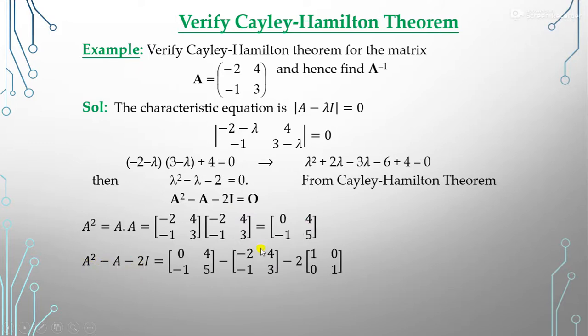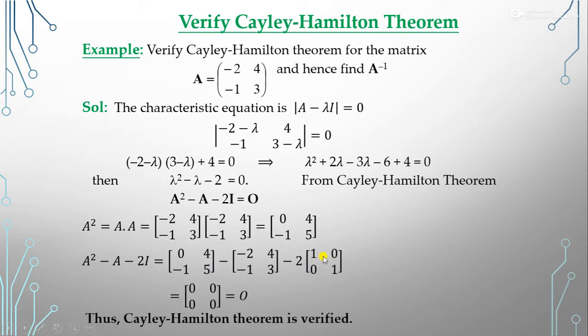A square is this, the A matrix is given, and this is your identity matrix. When you subtract and add these matrices, you will get the 0 matrix. So we can see that we verify our Cayley-Hamilton theorem. If we get 0, it means that the Cayley-Hamilton theorem is verified. Clear?